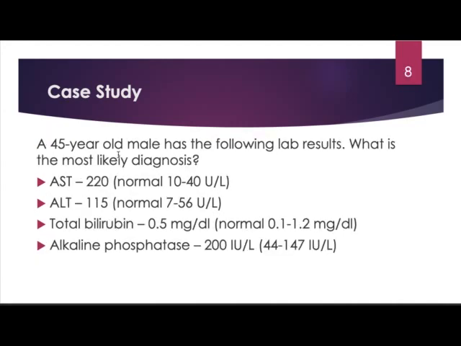اوكي، كمان في حالة ثانية إنه 45-year-old male has the following lab results. What's the most likely diagnosis؟ ال AST مرتفع، ال ALT كمان مرتفع، ال total bilirubin هو طبيعي، ال alk-phos مرتفع شوي. فشو رأيكم؟ What's the most likely diagnosis؟ نعرف إنه في مشكلة في الكبد.